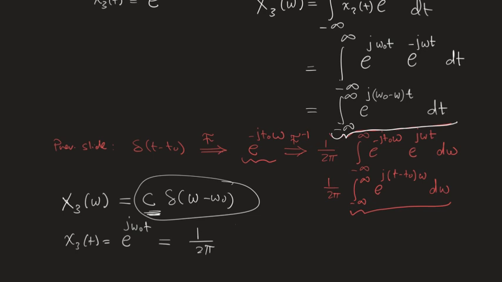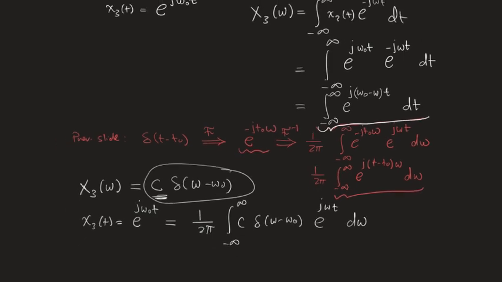So let me solve the integration from minus infinity to infinity of a constant multiplied by delta omega minus omega naught. That's the frequency domain function. And then the inverse Fourier is e to the j omega t, and I integrate with respect to omega.